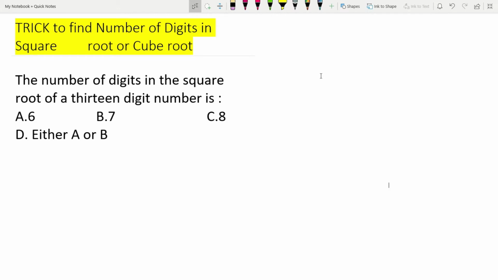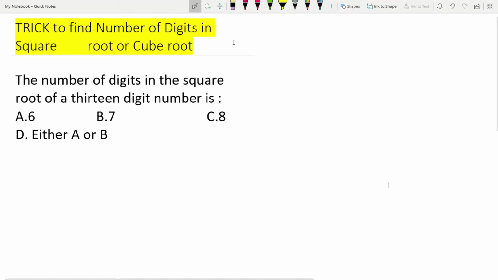Suppose you are given any number, or you are just given the number of digits of a number, and then you are asked to find the number of digits in its square root or cube root. Then how do you find it, that we are going to see in this video. So let us begin.